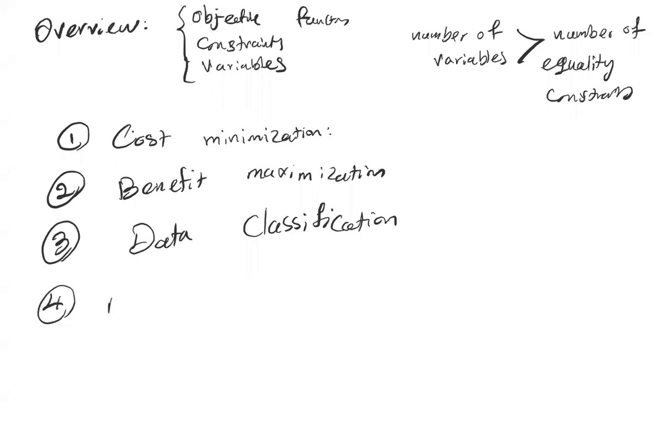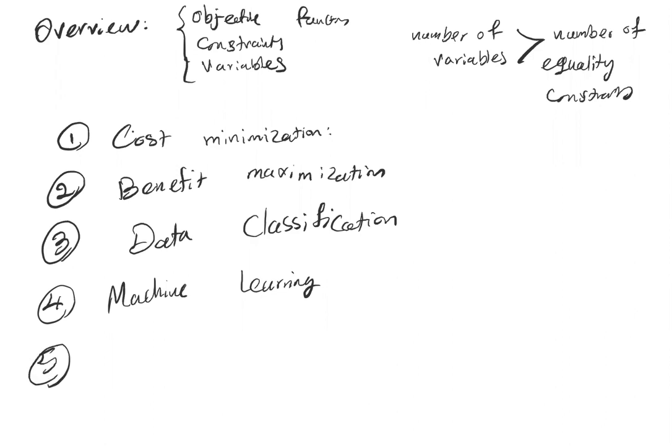The fourth application, machine learning. So if you learn the fundamentals of optimization properly, you can deploy them in machine learning algorithms. A lot of machine learning algorithms rely on solving an optimization problem and then determining the optimal solution.